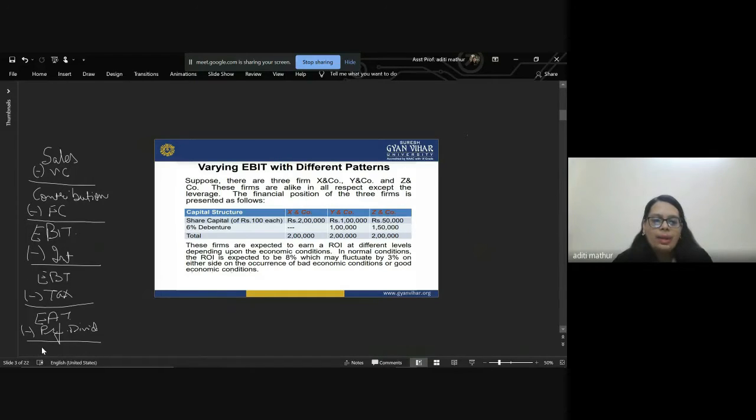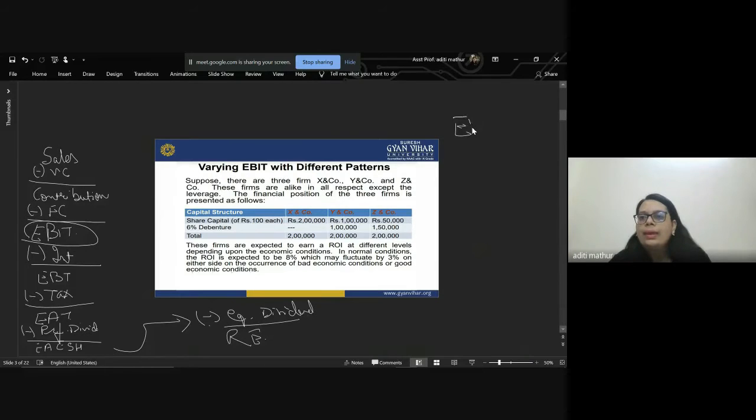After that, the amount remaining is known as earnings available for equity shareholders, and from this we deduct our equity dividend, and the remaining amount is your retained earnings. So we don't come up to the retained earnings in EBIT EPS analysis. We just come up till EBIT, and then we learn the formula of how to calculate EPS.